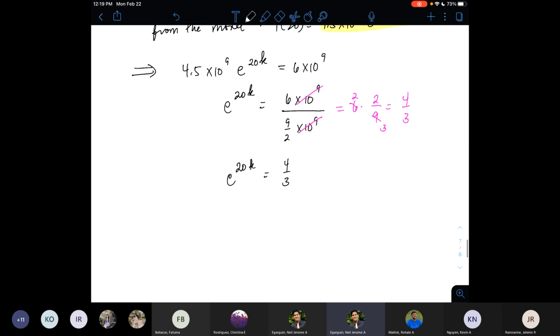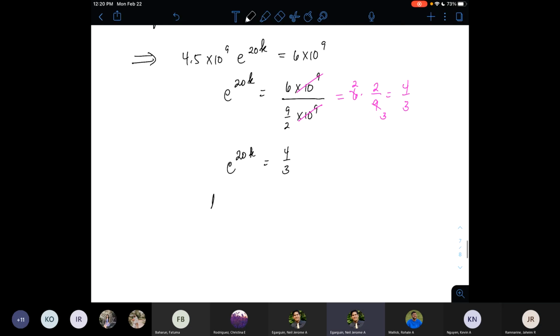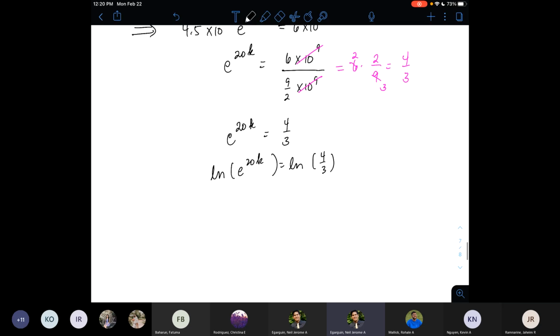Okay, and then we're solving for k. If you remember, to free an exponent we need to take the natural log of both sides. Actually, you can take any logarithm of both sides. I'll take the ln of both sides. Let me show you all the steps here, but definitely you can skip some of the obvious ones in your solutions.